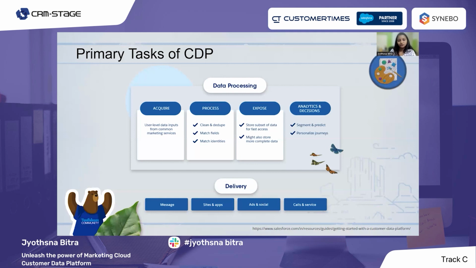And once the unified profiles are created, the data has to be activated on different target systems, so they can deliver personalized experiences. This means connecting customer data to many types of systems, like once the data is unified and that is activated on different systems, like the Marketing Cloud, Interaction Studio, which is recently renamed as the Marketing Cloud Engagement, and Commerce Cloud, S3, and other platforms.